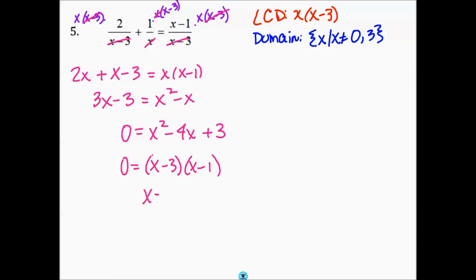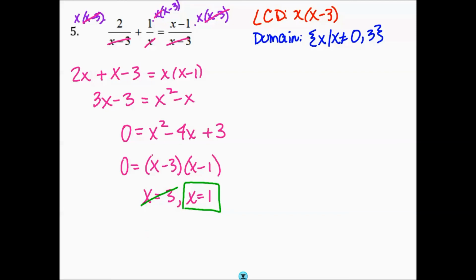So our answers are x equals 3 and x equals 1. Now we need to compare with our domain. We said x cannot be 0 or 3. So that means 3 does not work, but 1 does. So our answer is just x equals 1.